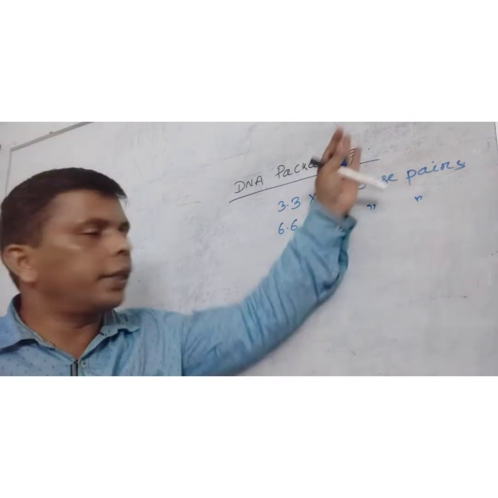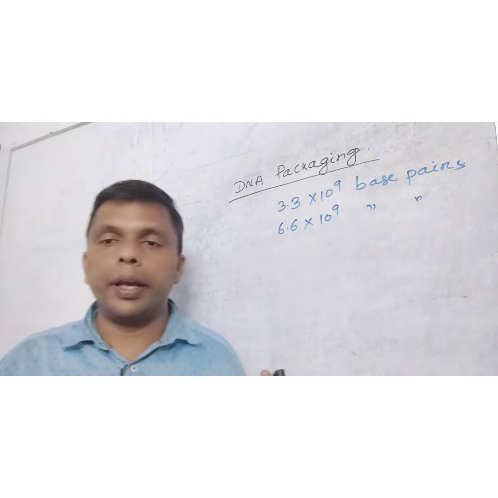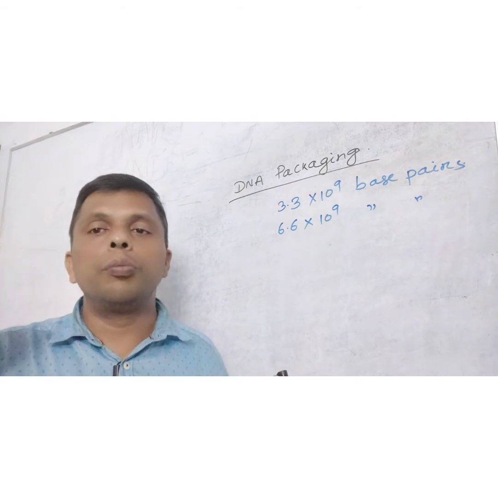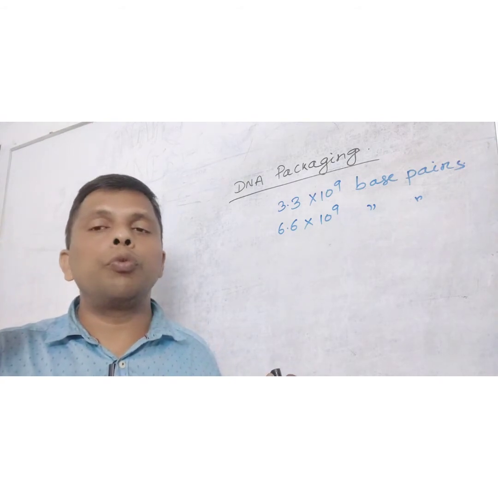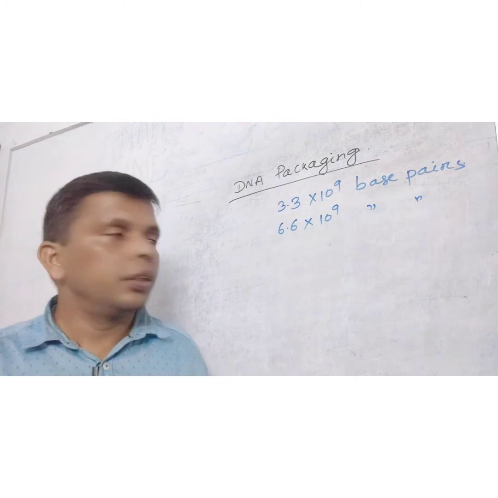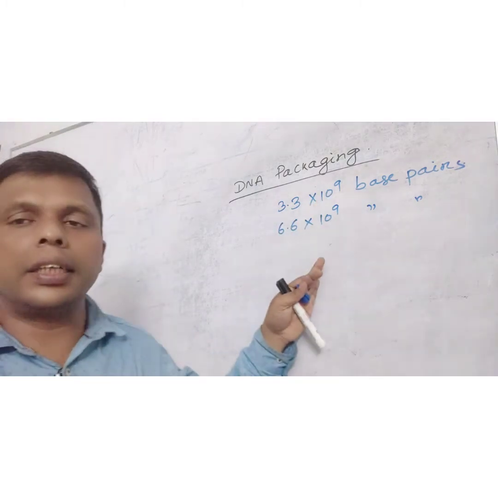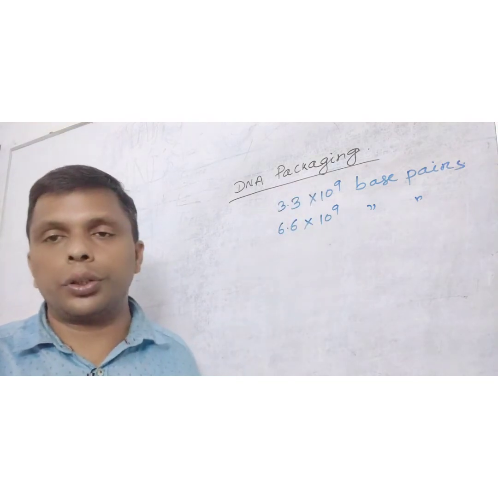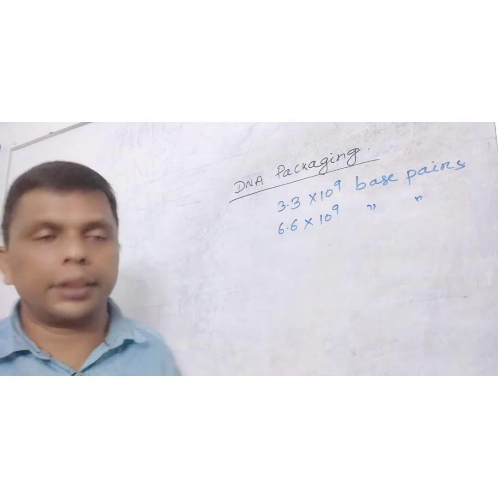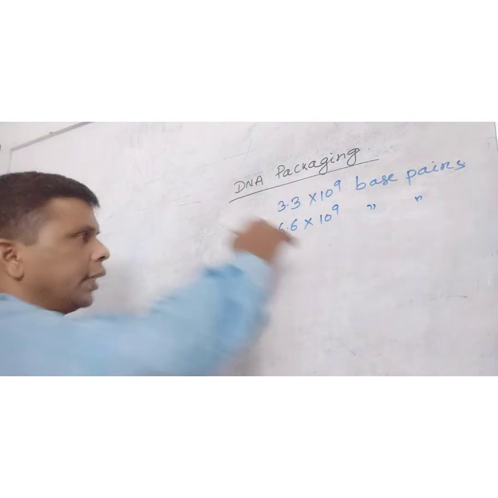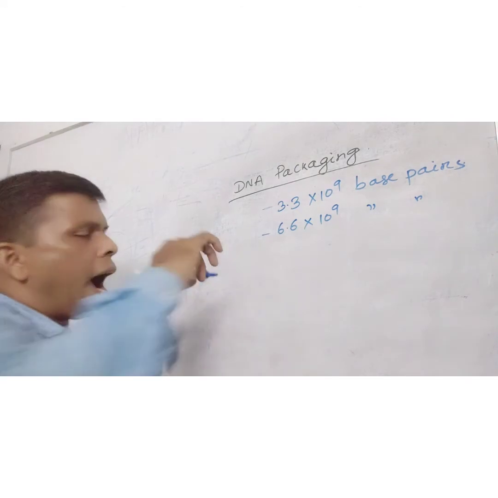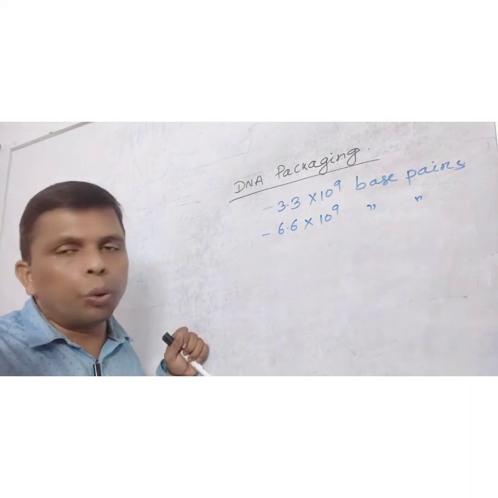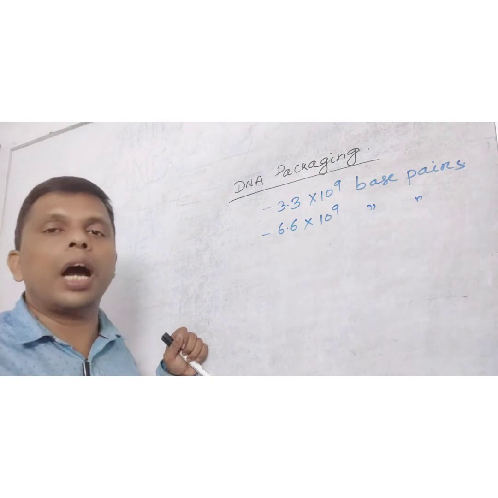So, with a large number of base pairs, it is estimated that the DNA is about 5.2 feet long. Then how is such a long DNA present inside the nucleus? That is our DNA packaging. DNA packaging describes the arrangement of a longer DNA within a very small nucleus. How is it possible?